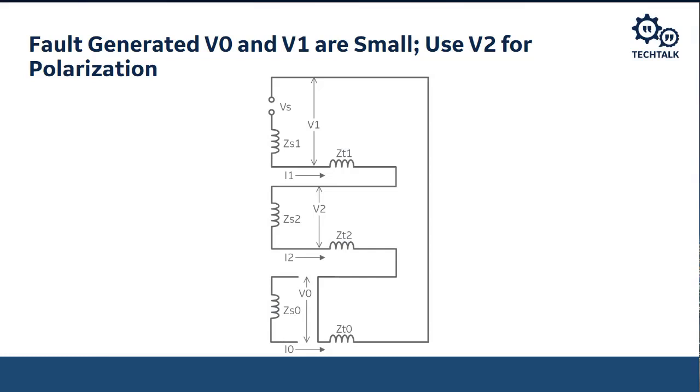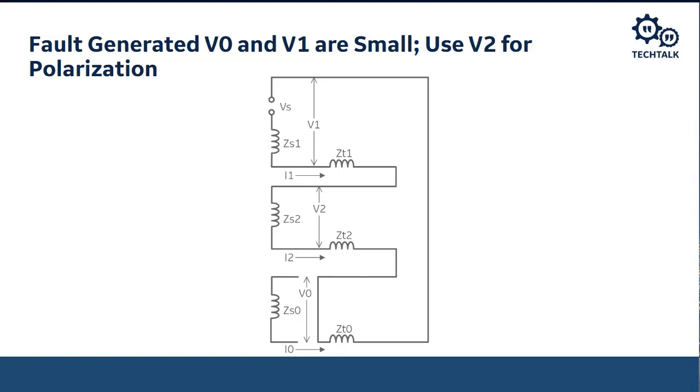So remember, V1 is going to be equal to the voltage produced by that source that we show, Vs, minus the voltage drop across that system impedance, Zs1, the positive sequence system impedance. There's not a source in the negative or the zero sequence networks. The only source is the one in the positive sequence network, and the interconnection of these three networks is caused by the fault.